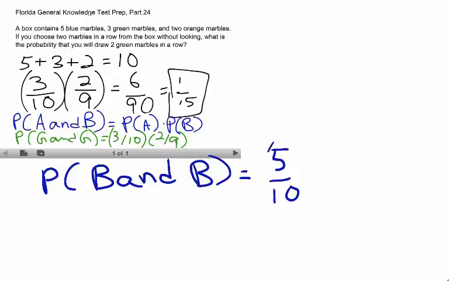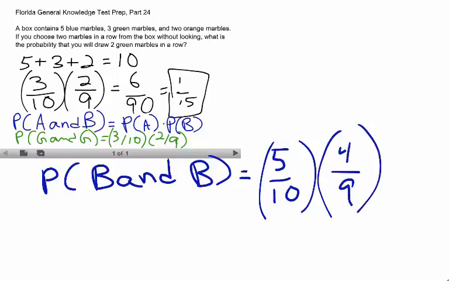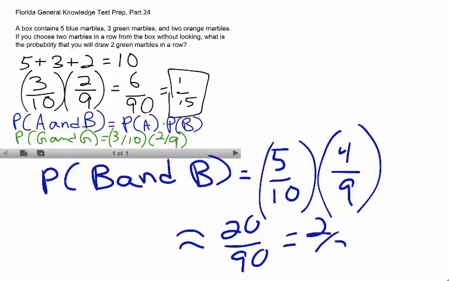So 5/10 for the first one times, for the second marble, 4/9, because we then have 9 total marbles left in the box, with 4 of the remaining marbles being blue. Working this out, we would get 20 over 90, which reduces to 2/9.